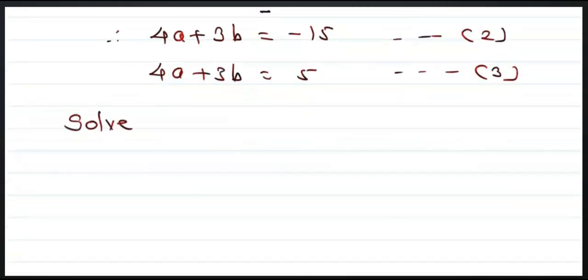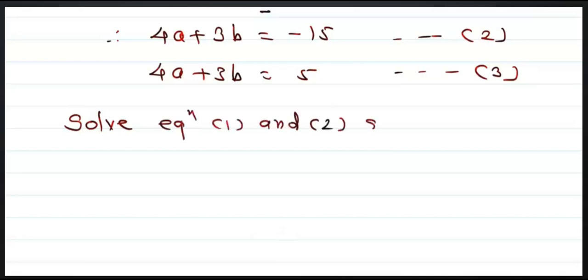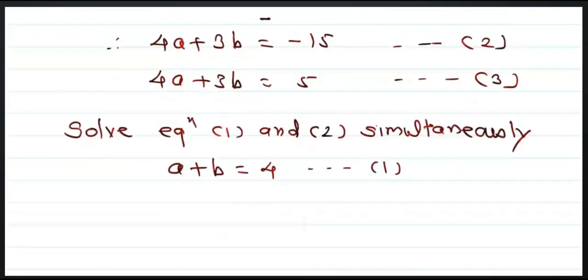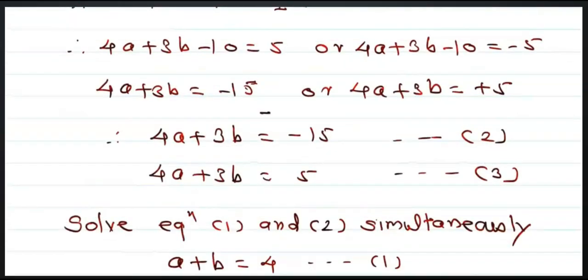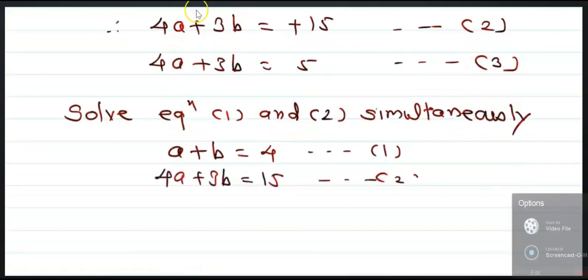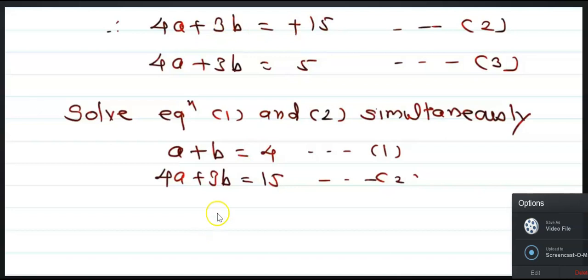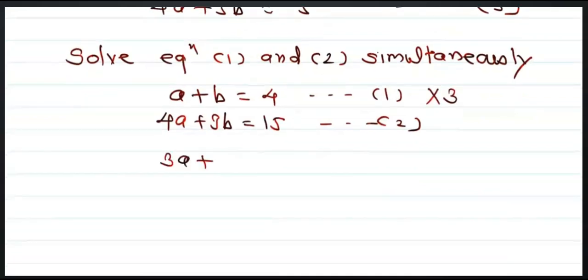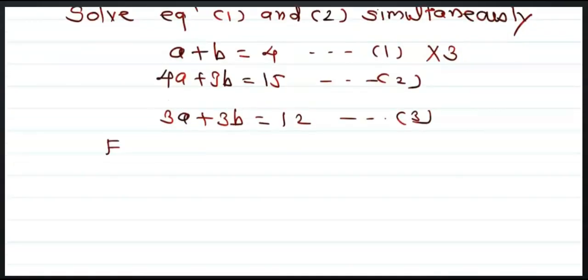Now solve these two equations. Solve equations 1 and 2 simultaneously. A plus b is equal to 4, and we have the two equations 2 and 3, so 1 and 2, and 1 and 3. Here we are taking 4a plus 3b is equal to 15. We solve these two equations and we will get the point. Multiply by 3: 3a plus 3b is equal to 12.